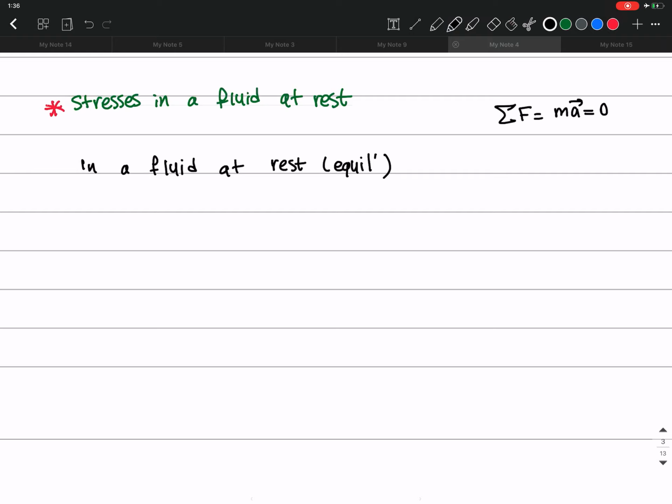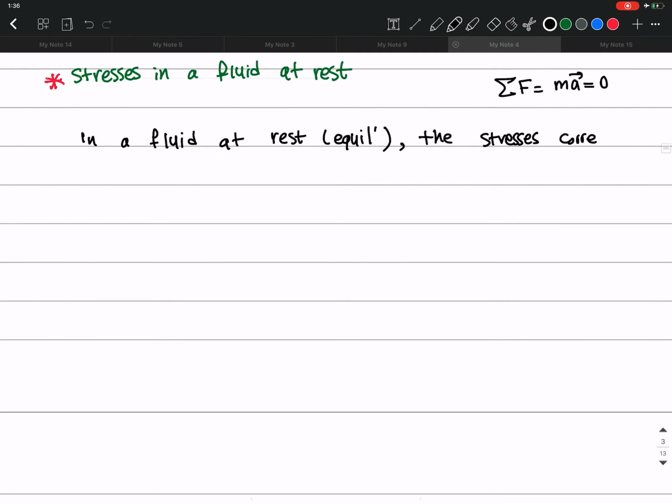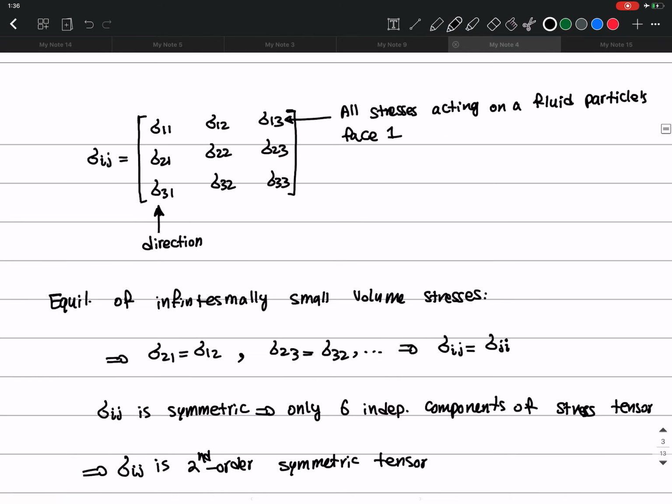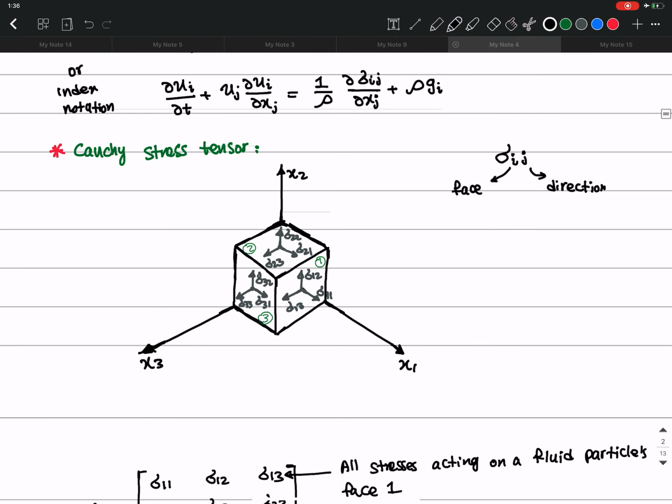So in a fluid at rest, the stresses correspond to... so let's think about this. What do these stresses, the surface stresses, the contact forces in a fluid at rest correspond to? Imagine you have these stresses and you have a fluid at rest.